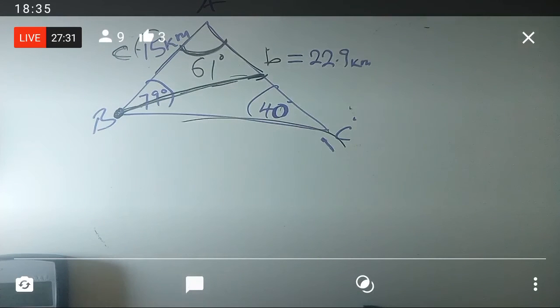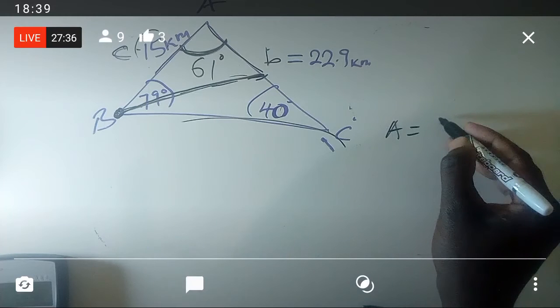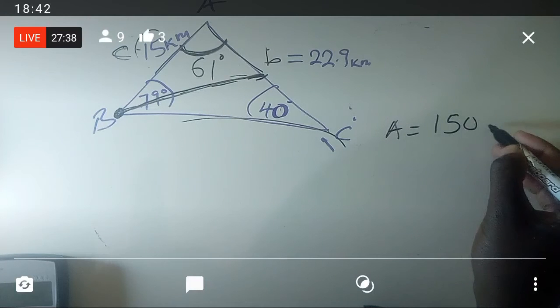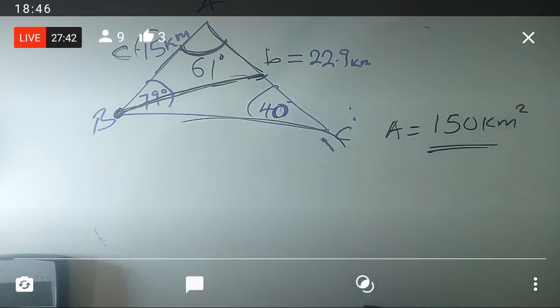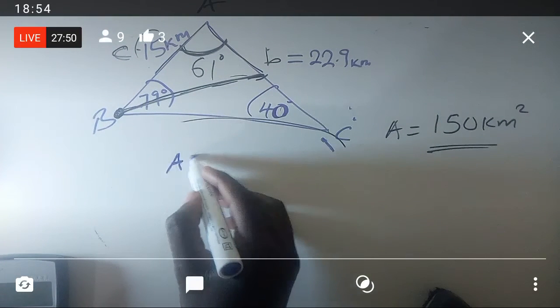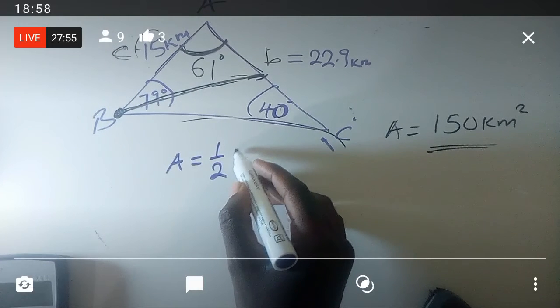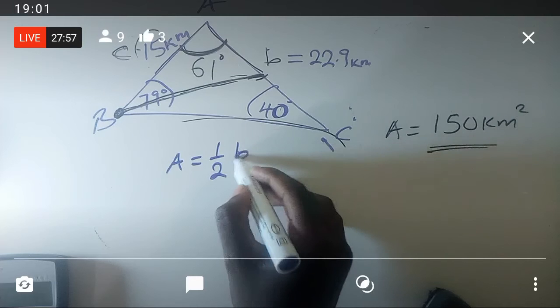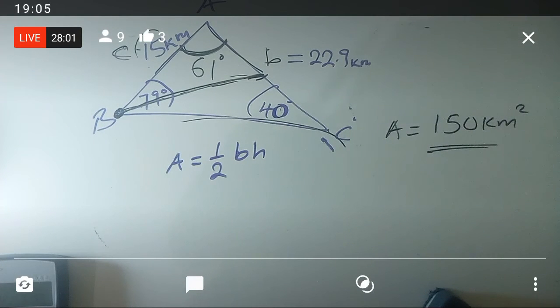Let's not forget the answer we've just found, which is our area. Our area is 150 kilometers squared. So this is our area. So what we do when we want to find the shortest distance, you use the formula for finding area of a right-angled triangle, which is this one. Okay, this is the area formula.